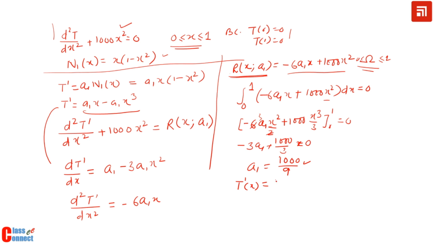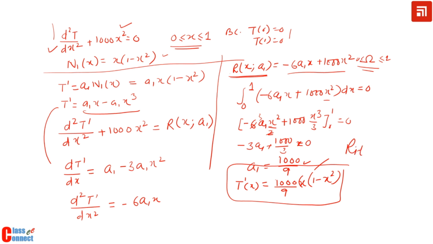So I can take a1 out, that is 1000 by 9 into x(1 minus x square). So this will be the solution of this particular equation that we started with, and this solution is an approximate one and is known as the Ritz approximation.